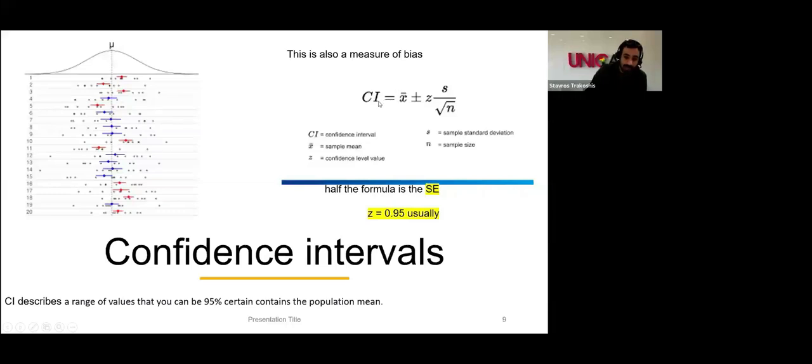And the product of this calculation is two numbers, one that is above the mean and one that is below the mean. And it gives a range of values that you can be 95% certain contains the population mean. Anyway, these two things can be considered as measures of bias.